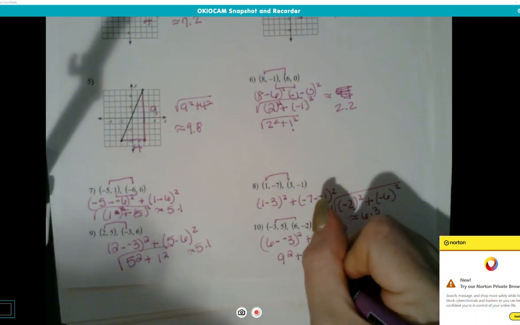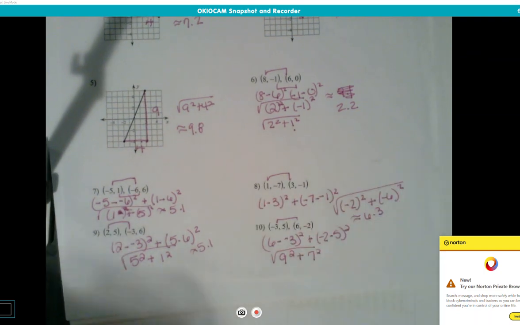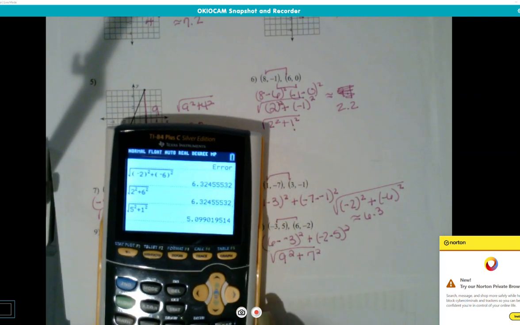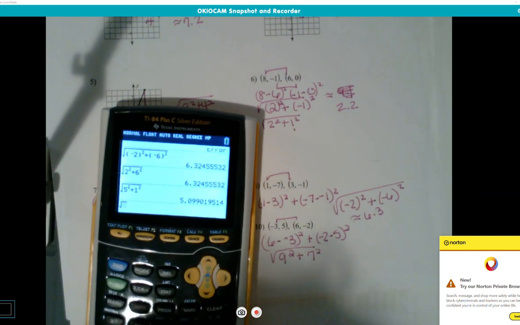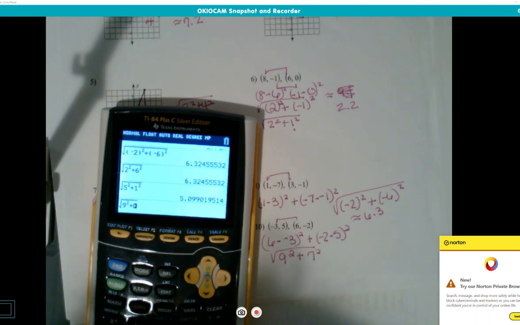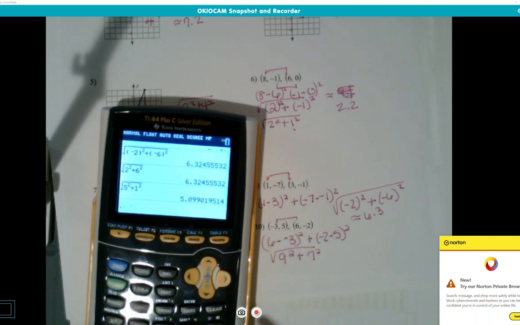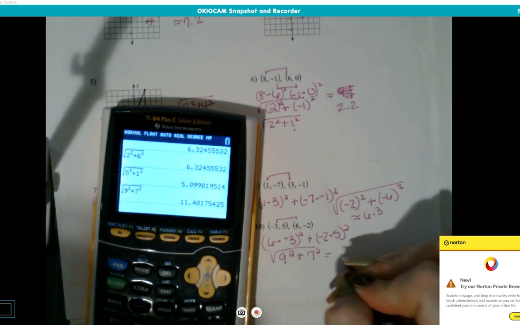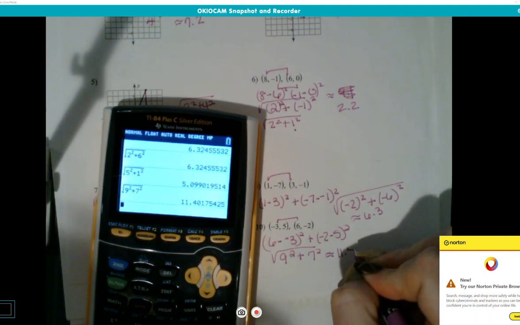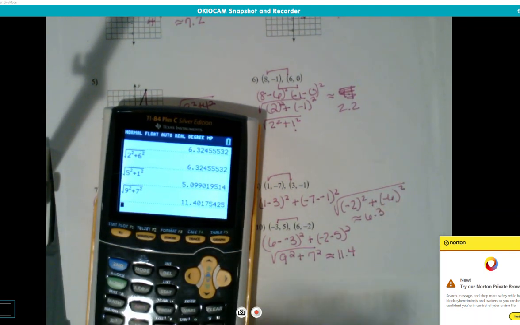So it's okay if I just put 7 and then square it and take the square root. On distance formula, distance only, because when you square something, it's going to become positive, and that's why. All right, 7 squared, and then I get 11.4. So approximately 11.4. And these two situations are all you're going to need for your distance practice.